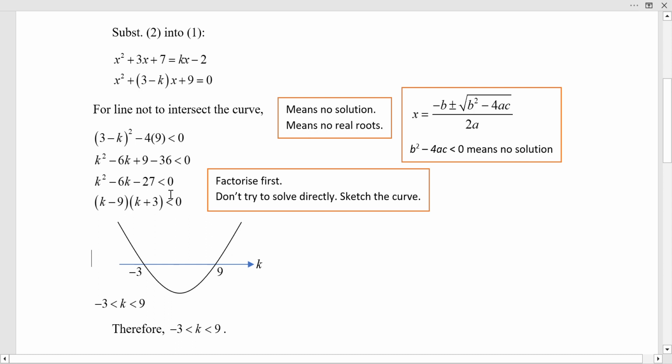You want it smaller than 0. So k is 10, out of the range, is wrong. Any k value within this range, if you sub in, you will get a negative value. So this is the answer for which the line will not intersect the curve. This is the range of values of k.